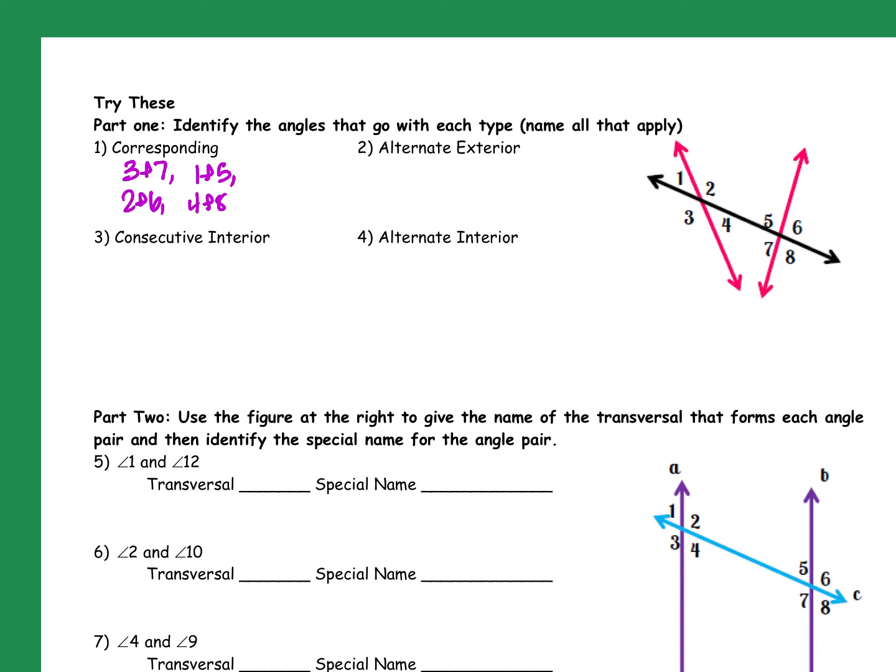So I want it on the outside of my 2 red lines on opposite sides of the transversal. 1 and 4. One's on the outside. That's great, but they both have to be on the outside. Oh, okay. 1 and 3. You're right.